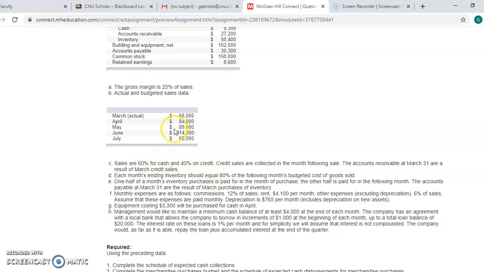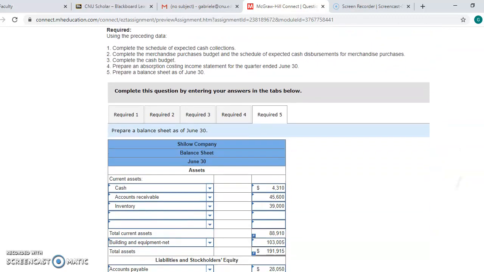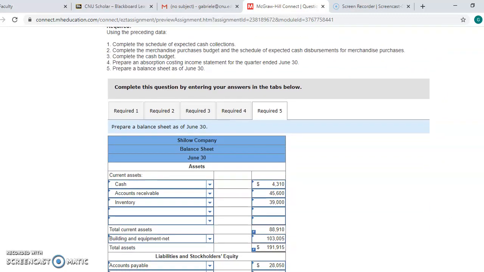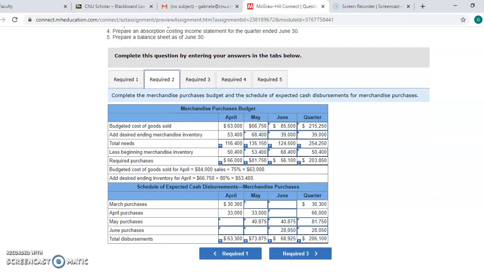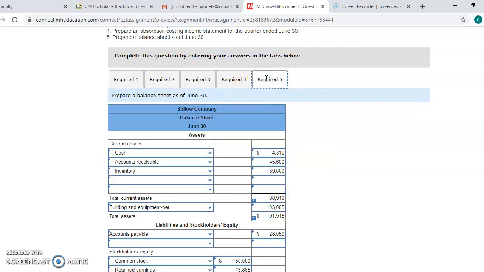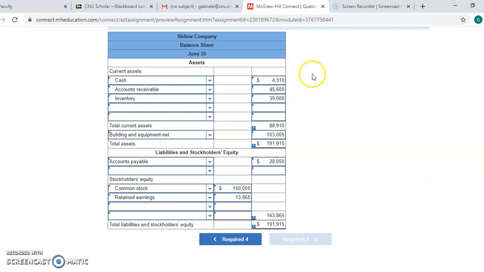So if you multiply 114,000 times 40%, you end up with your 45,600. Ending inventory, we've already done that. The ending inventory is right here, 39,000. That gives us our total current assets.